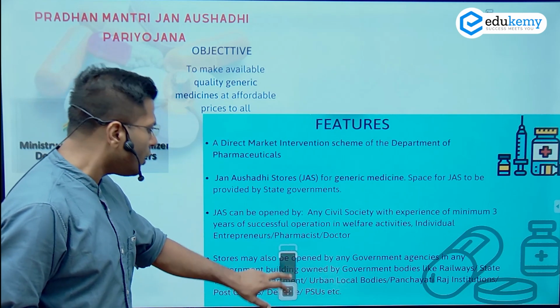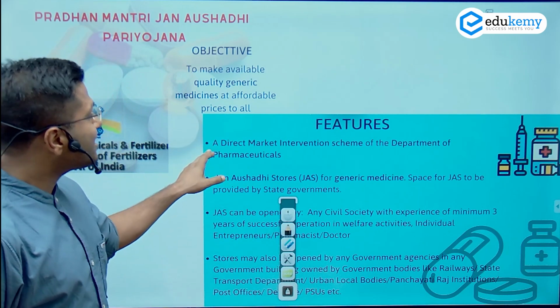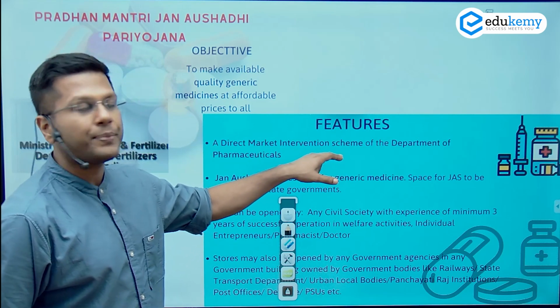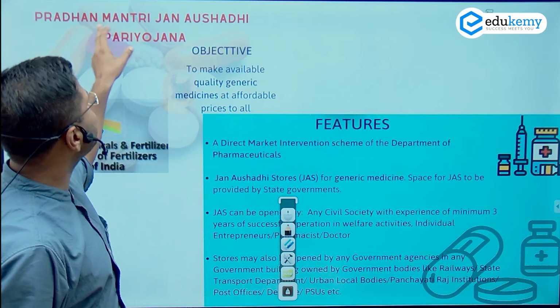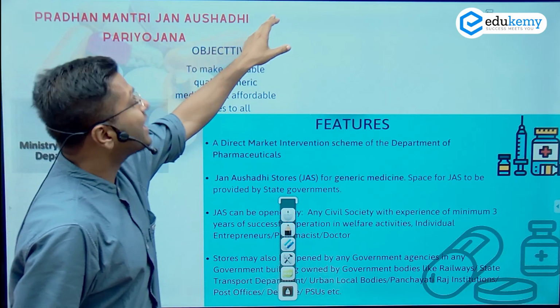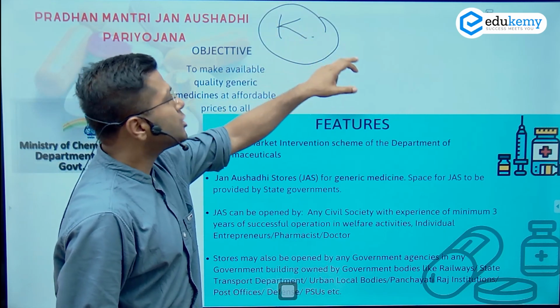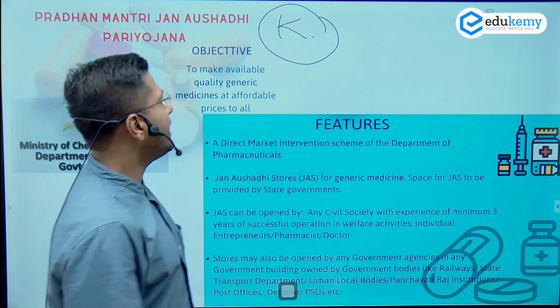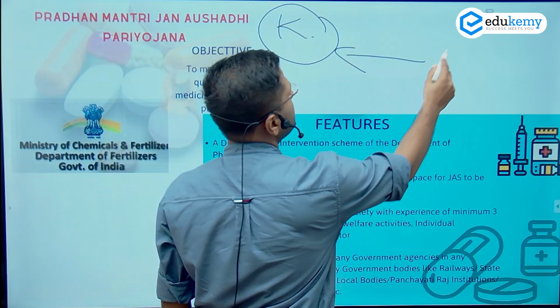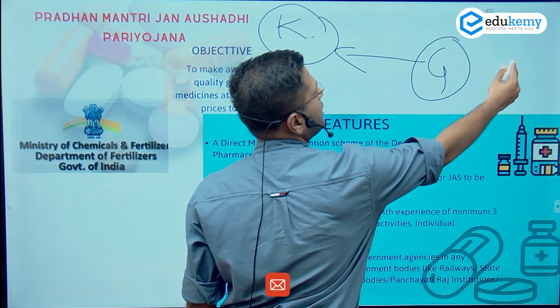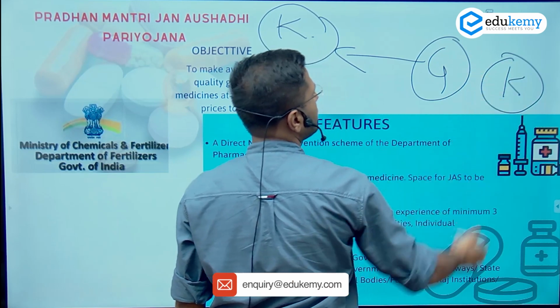Now, what are the features of the scheme? This is a direct market intervention scheme. And there is an attached scheme called Pradhanmantri Jan Aushadhi Kendra. The establishment of these kendras, that means places where distribution will be done, is associated with the government hospital. So just beside the government hospital, there will be a kendra for distribution of such medicines, right?